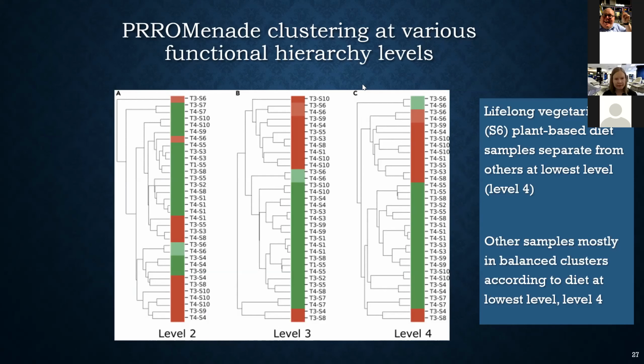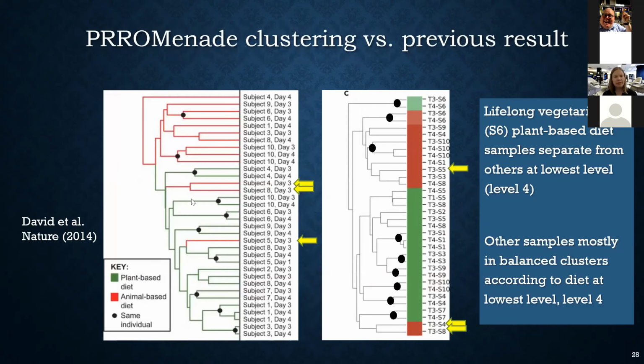compared to everything else. And comparing this to the data in the original paper, this cluster of 2 subjects with animal-based diets that are kind of in between the animal-based and plant-based diet, we also see them as outliers here. But this one sample that was intermixed with the plant-based samples, here it clusters with the animal cluster.